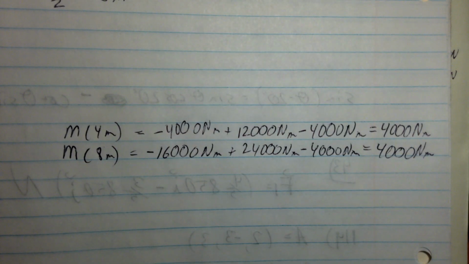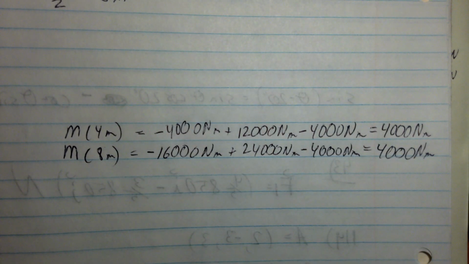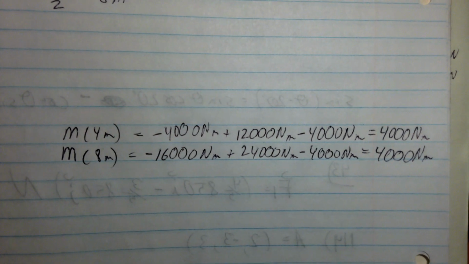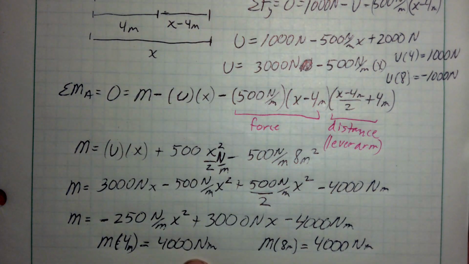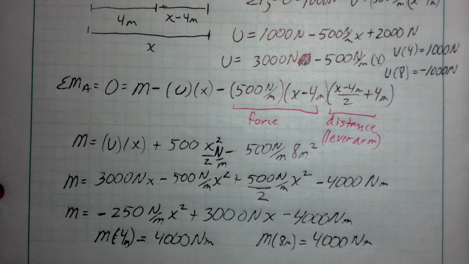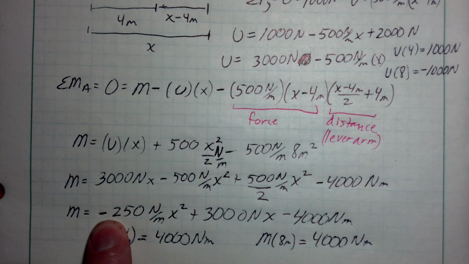Okay, there's my math. Double check it against yours. They both come out to be positive 4,000 Newton meters at both points here. That's kind of interesting. Why, Steve, how does that work? Well, look at it. This is a negative concavity. I'm hoping you guys have had calculus where you've looked at concavity and stuff like that.